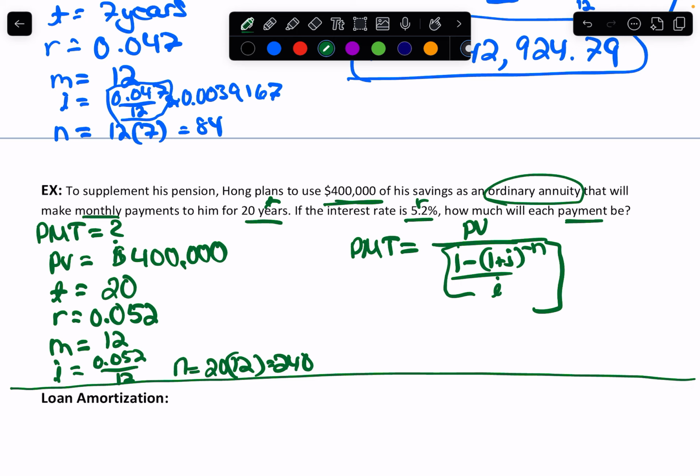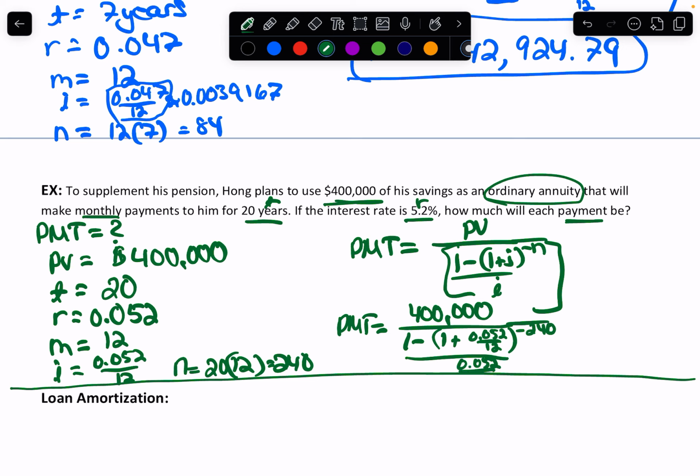We're going to plug in the numbers. 400,000 goes on the top, divided by 1 minus parentheses 1 plus our I, which is 0.052 divided by 12, to the power of negative 240, that's our N, divided by, again, 0.052 divided by 12, and all this inside brackets.